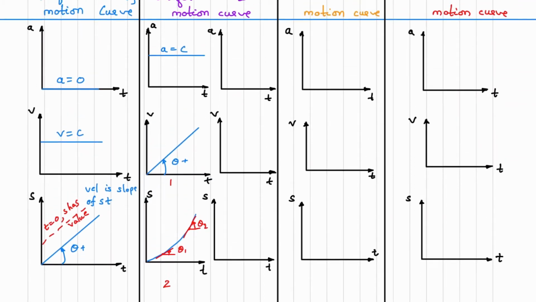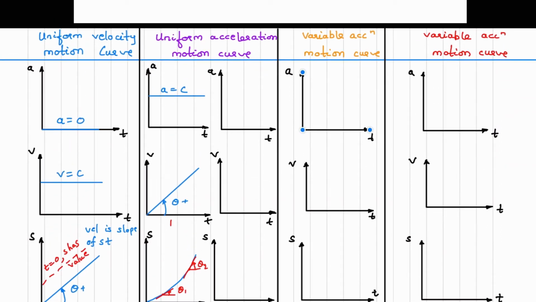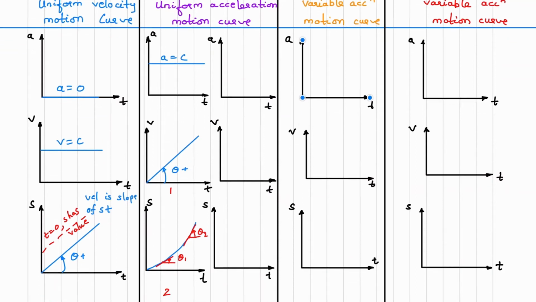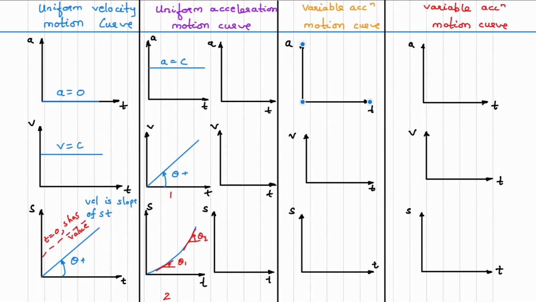Now we'll see second case for uniform acceleration motion. Now in second case, suppose acceleration is in this direction, okay, negative direction. So acceleration is equal to constant. Okay, now answer me how to draw VT and ST. So just tell me, acceleration is shown in negative direction, right?